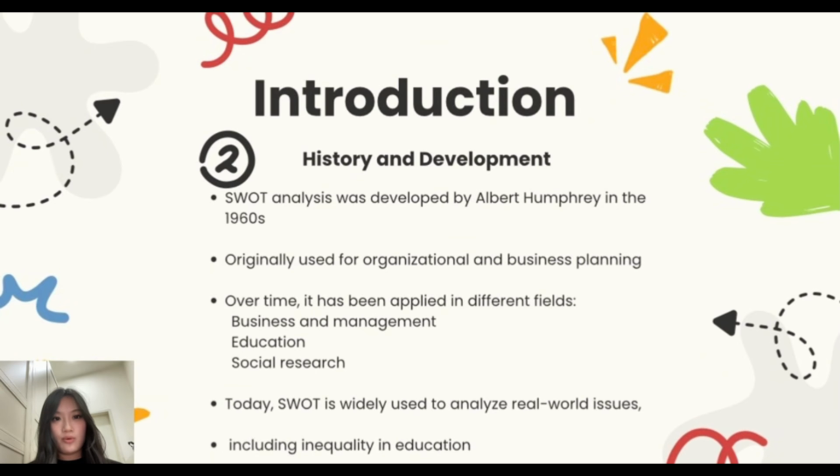At first, it was only used for organizational and business planning, but over time, people started using it in many different fields like business management, education, and even social research. Today, SWOT is widely used to analyze real-world problems, including inequality in education, which is exactly what we are focusing on here.